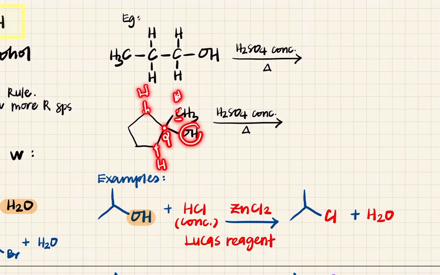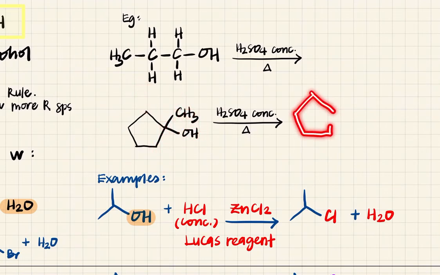Okay, bila buang yang ni, one of the hydrogen. So macam nak tahu, your product will be like this. If you buang daripada this carbon, hydrogen, macam ni. Betul lah. Okay, dapat this alkene. Dengan lagi satu.